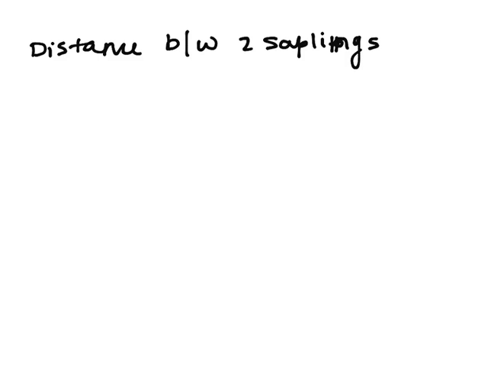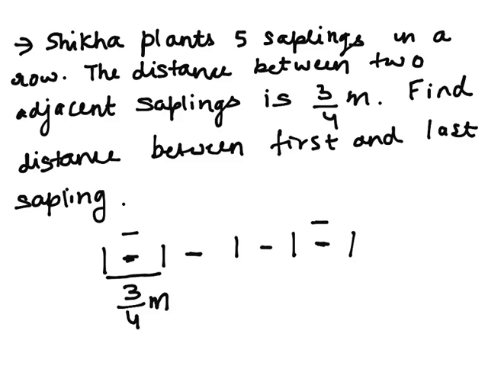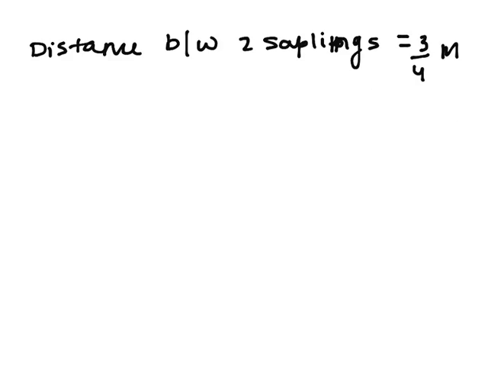So the distance between the first and last sapling will be 3/4 times 4.